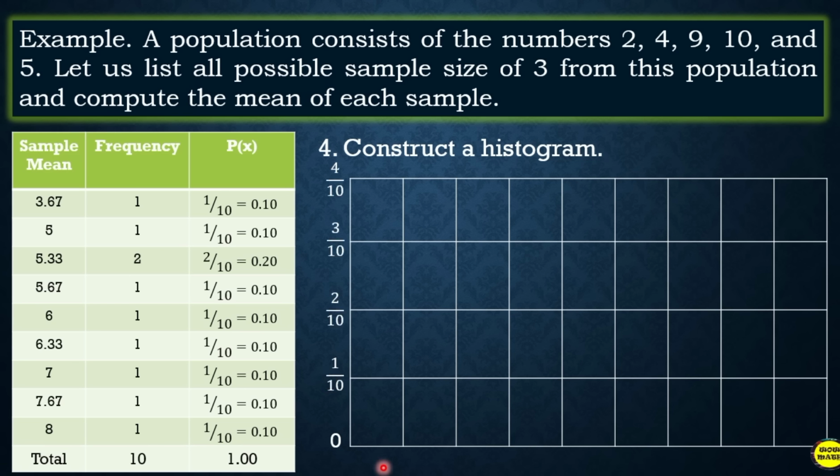Then below, on the x-axis, we put our sample means, in order: the lowest is 3.67, 5, 5.33, 5.67, 6, 6.33, 7, 7.67, and 8.